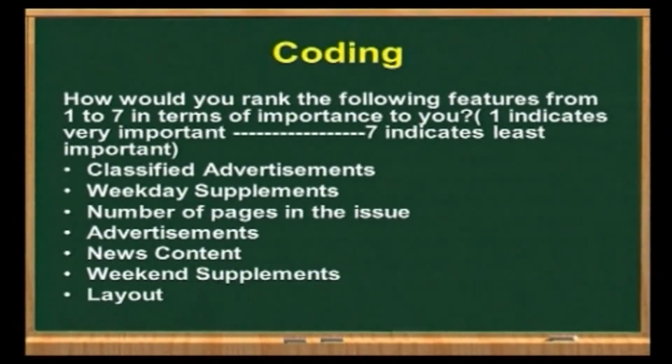The respondent is to rank them from 1 to 6 with regards to the importance given to each of these features. Therefore, we need 6 columns for this. Suppose the rating is 2, 3, 6, 1, 4 and 5 for questions 5A to 5F respectively. The same numbers would appear on the coding sheet corresponding to this question.